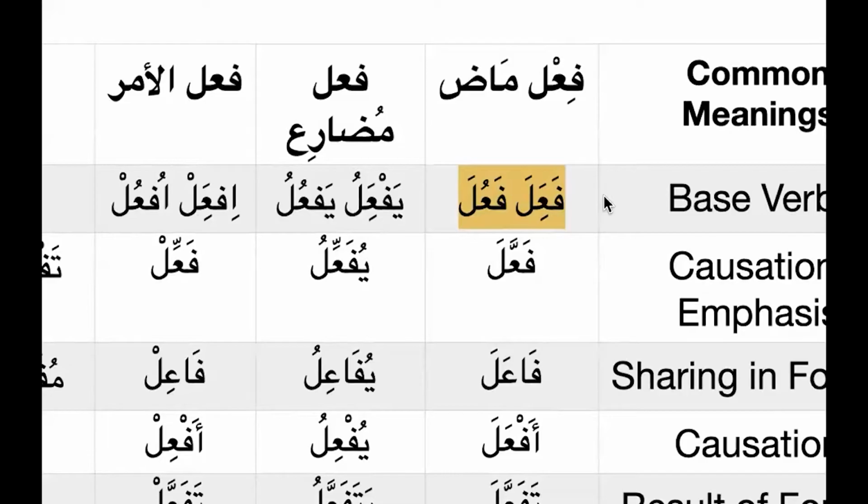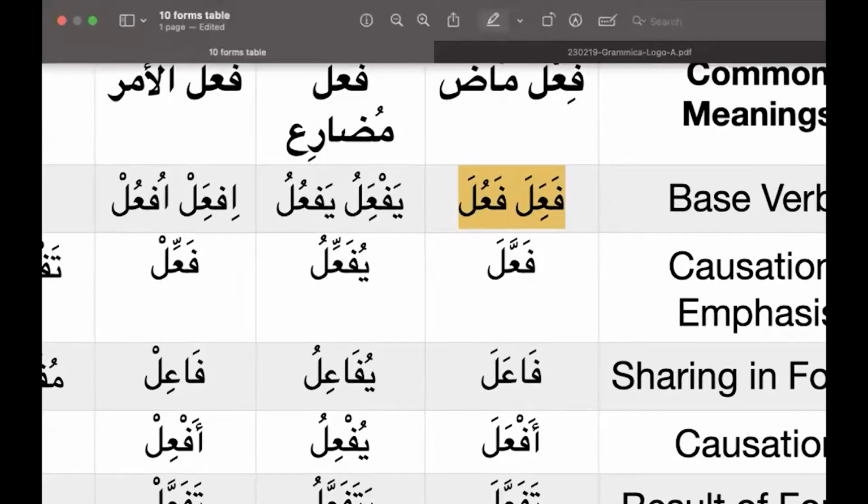So, for example, if we have something like daraba. Daraba means to strike. And so the mudari' of daraba is yadribu, right? Daraba yadribu. It's not daraba yadrubu, right? It's daraba yadribu. Or we say, for example, kataba yaktubu.